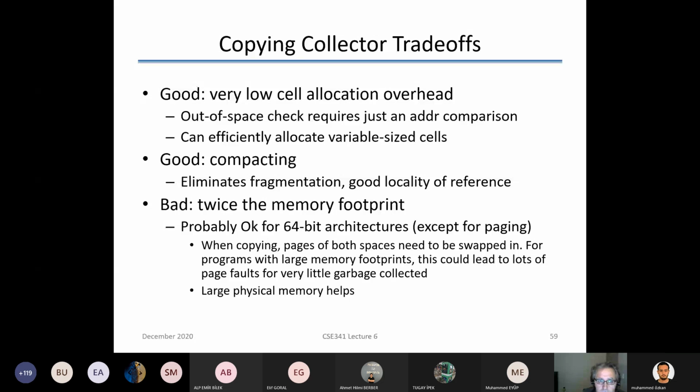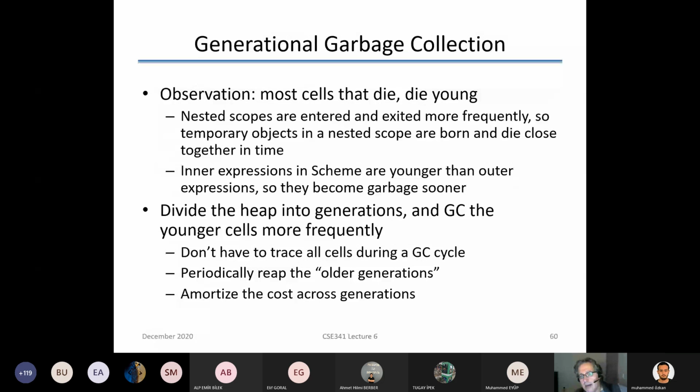All right. And there are generational garbage collectors. The idea here is that most cells die young. Meaning, the way that you actually use memory is you allocate something, you do something with it, and then you just deallocate it. So when a cell is no longer live, it means that probably it didn't live too long. It died very young.